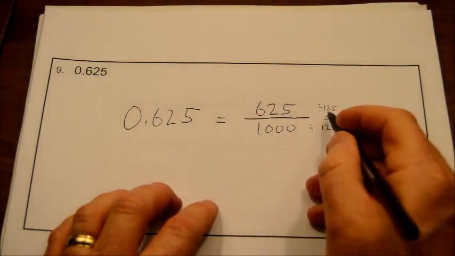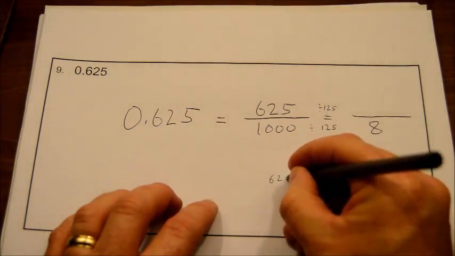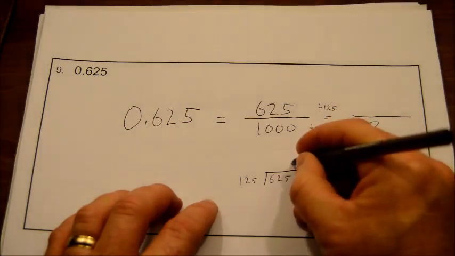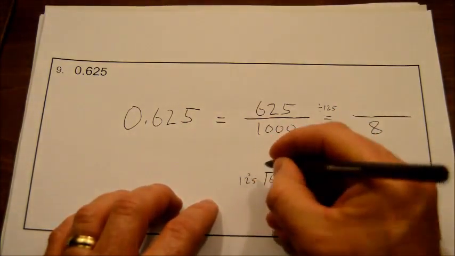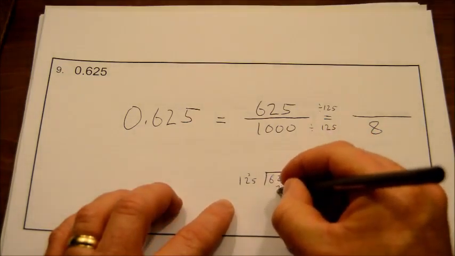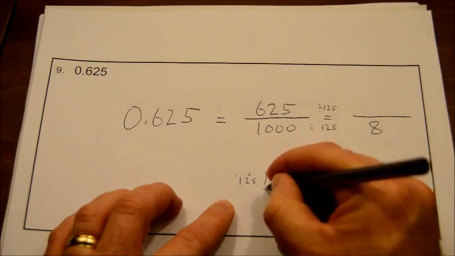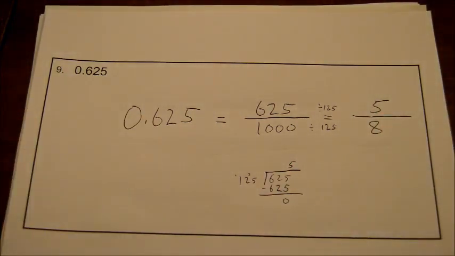And 125 will go into 625 five times. 5 times 5 is 25. 5 times 2 is 10, and 2 is 12. 5 times 1 is 5, and 1 is 6. This is 5/8. There you go.